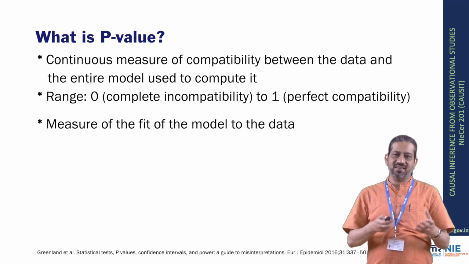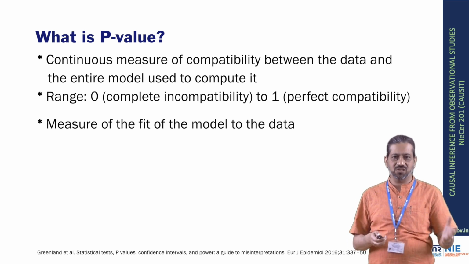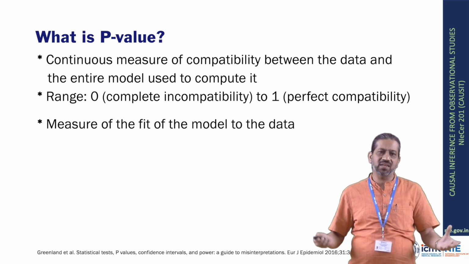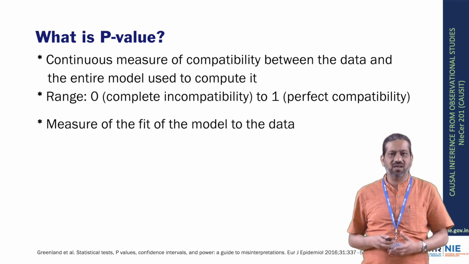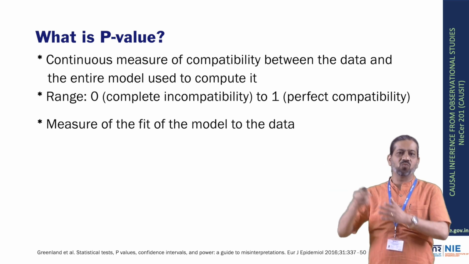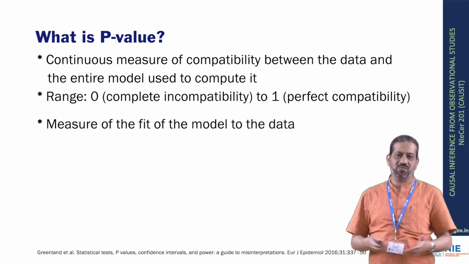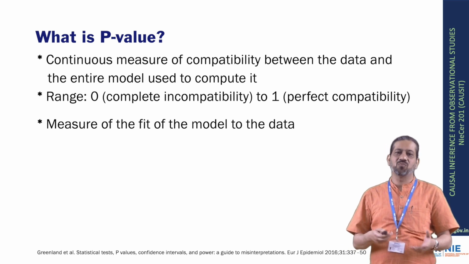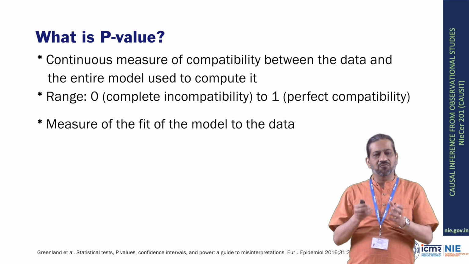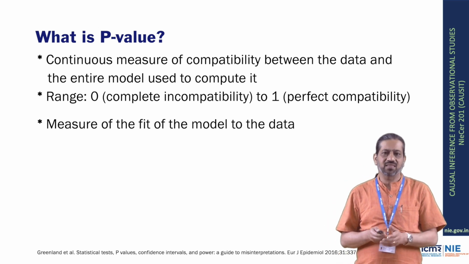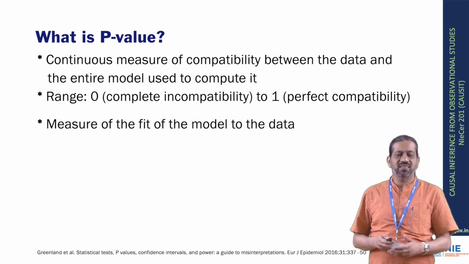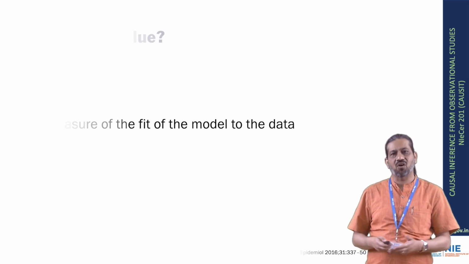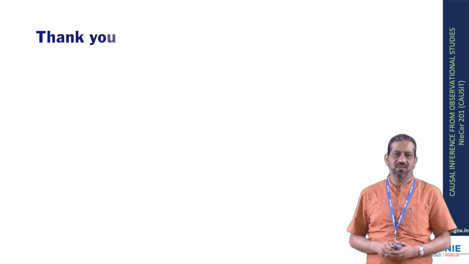As a probability, it can range from 0, where your data is completely incompatible with the hypothesis that you are testing, to 1, where the data is perfectly compatible with the hypothesis that you are testing. And in this sense, the p-value may be used as measuring the fit of the model to the data, and nothing more and nothing less. In the next session, we'll go more in depth into practical ways of interpreting p-values. Thank you.